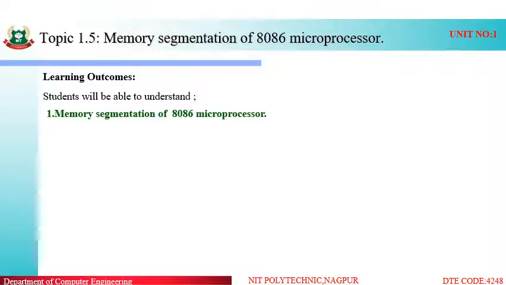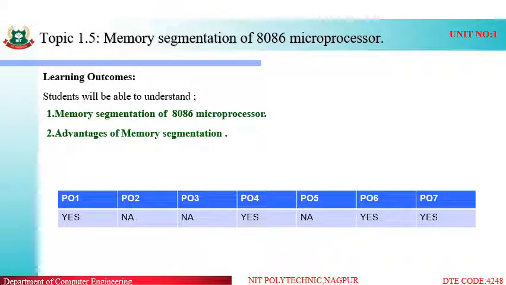The learning outcomes include memory segmentation of the 8086 microprocessor and the advantages of memory segmentation. POs mapped are PO1, PO4, PO6 and PO7.